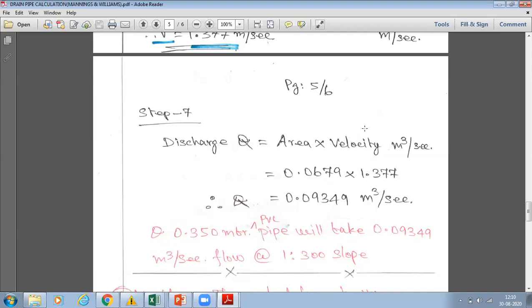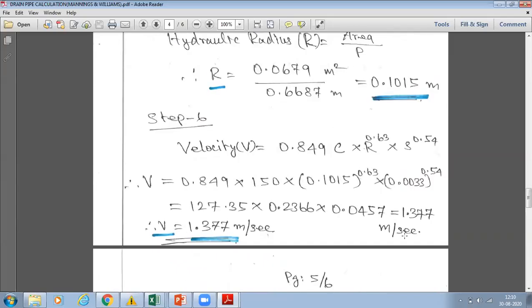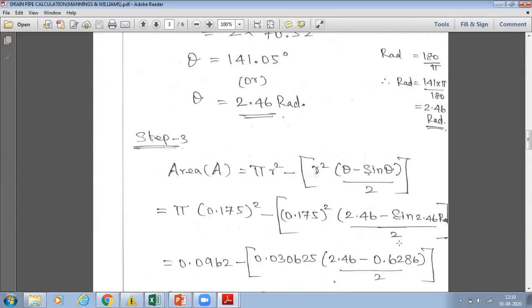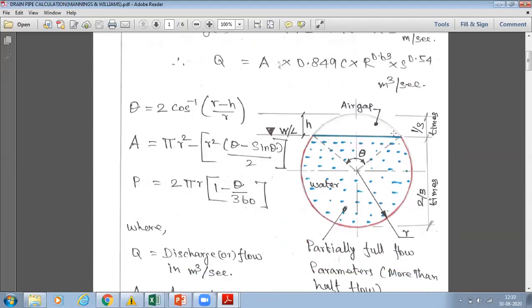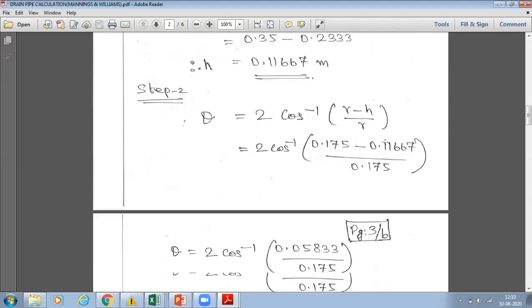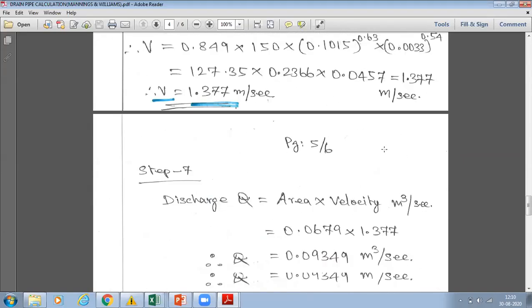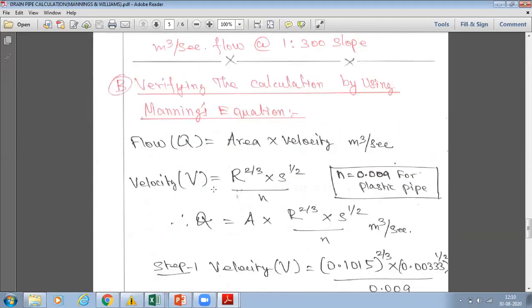So now we have calculated the pipe flow rate with Williams' formula, and this is Manning's formula. Same method, same formula, but the velocity formula is different. Verifying the calculation by using Manning's equation. You have already seen Manning's formula for the rainwater trench drain calculation.